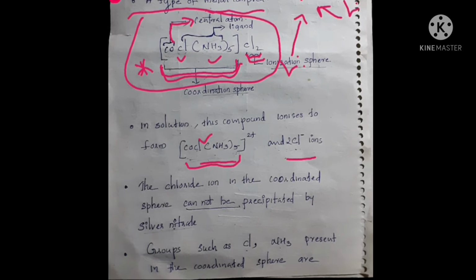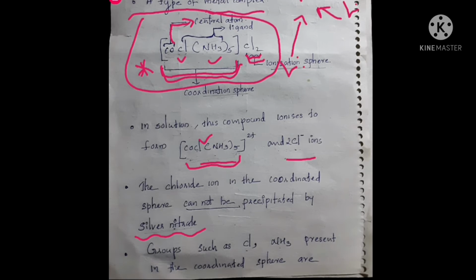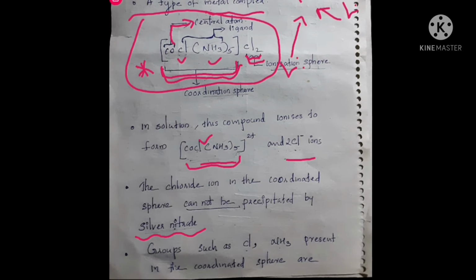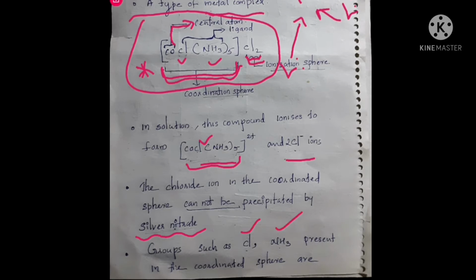Here you can see chloride ion. The chloride ion which is present in our coordinated sphere cannot be precipitated by silver nitrate. Chloride ion and ammonia, these are present in our coordinated sphere.